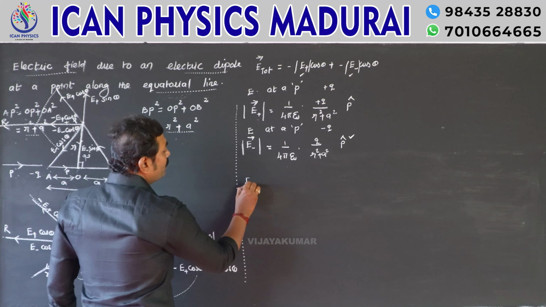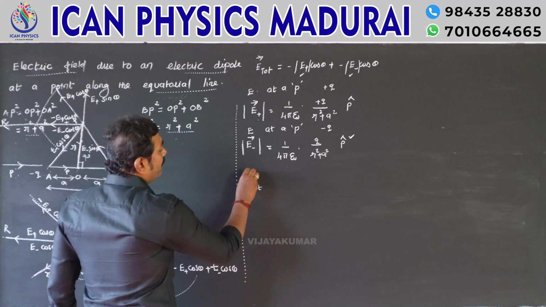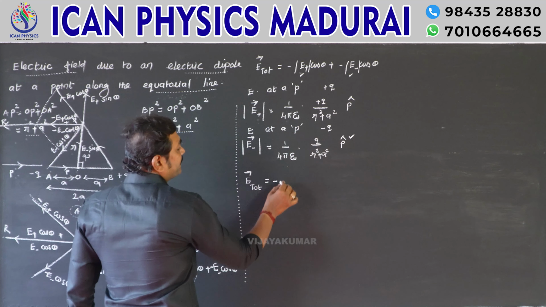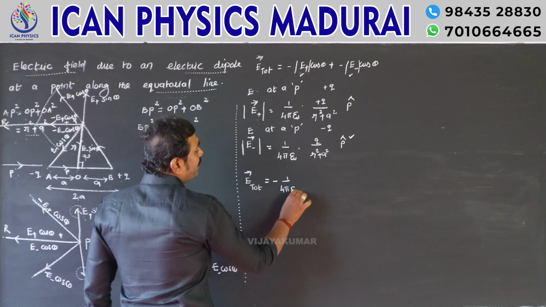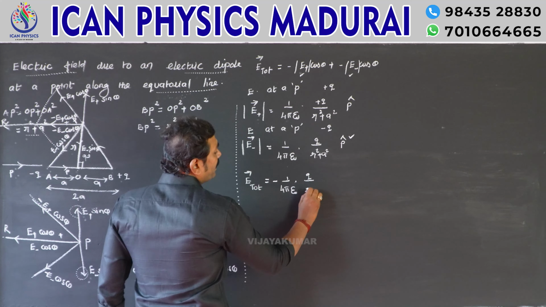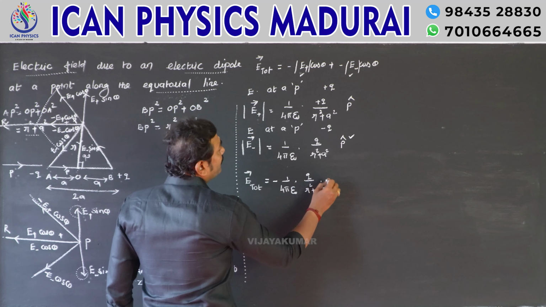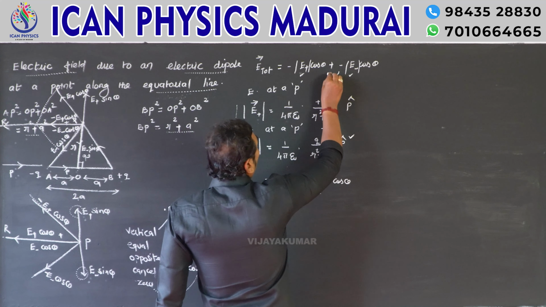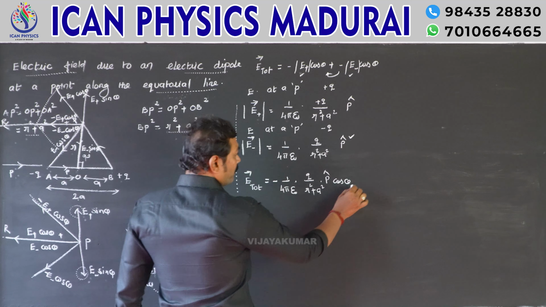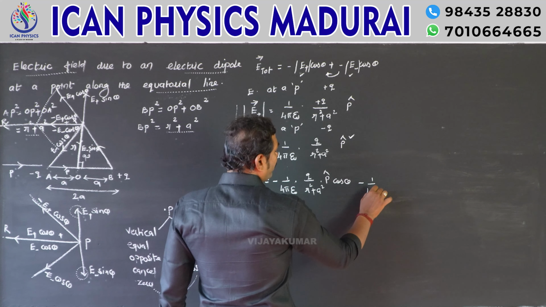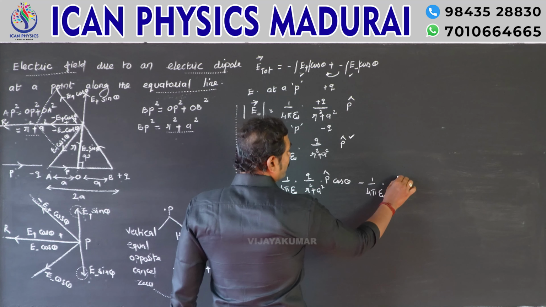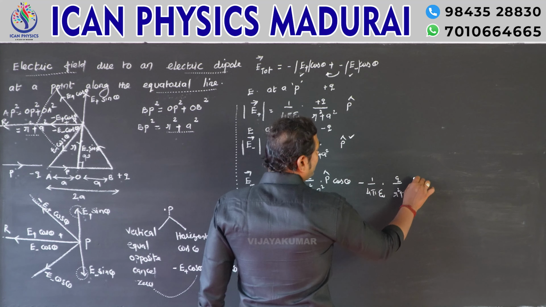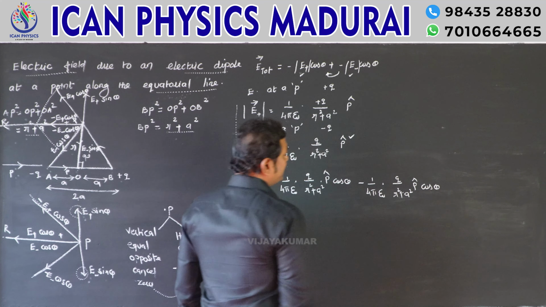So what happens? E total vector equals minus modulus of E plus, that is nothing but 1 by 4 pi epsilon 0 q by r square plus a square into p cap cos theta, plus into minus 1 by 4 pi epsilon 0 q by r square plus a square into p cap into cos theta.